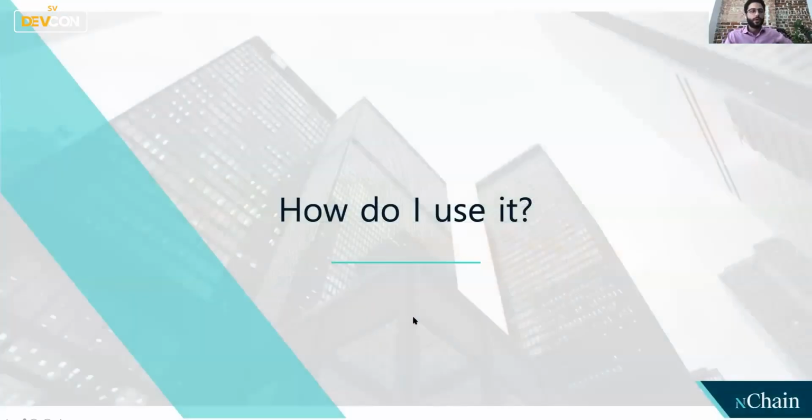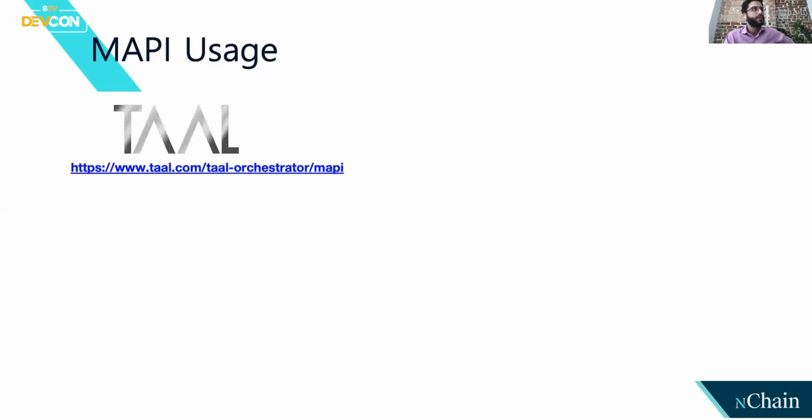So you might be wondering, how could you use MAPI? At the moment, there are a few services that are connecting to MAPI, and there are a few miners who are actually implementing MAPI along with their nodes. The first is TAL, which is sort of leading the way with MAPI and Bitcoin services, and they were the first miner to implement MAPI.